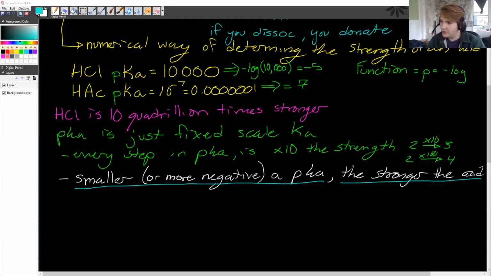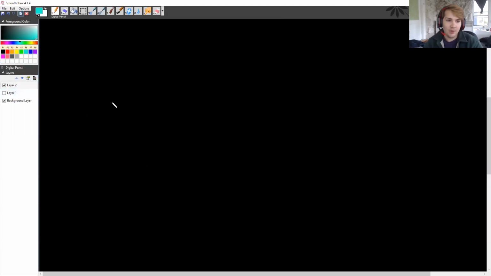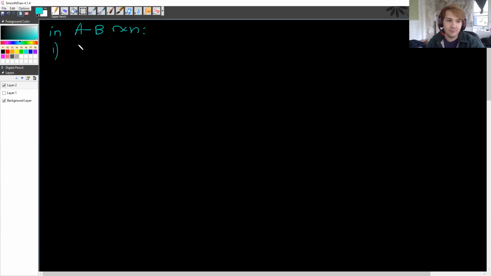All right. So next we're going to start talking about how we actually do the acid-base problems that you're expected to do on your exam. In an acid-base reaction, you're going to be asked to do three things.